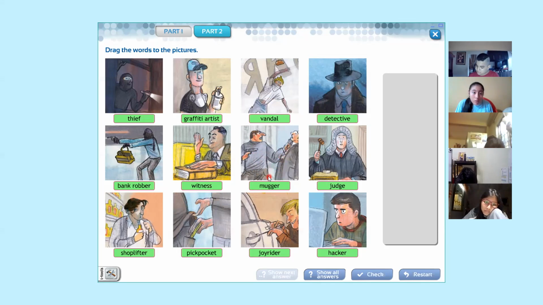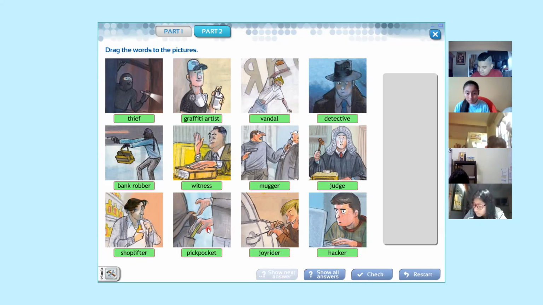That is the mugger. The thief, okay, is maybe the one inside the houses, when entering the houses or the offices. We have the shoplifter, those people that enter any shopping center, any shop in this case, and take things out.